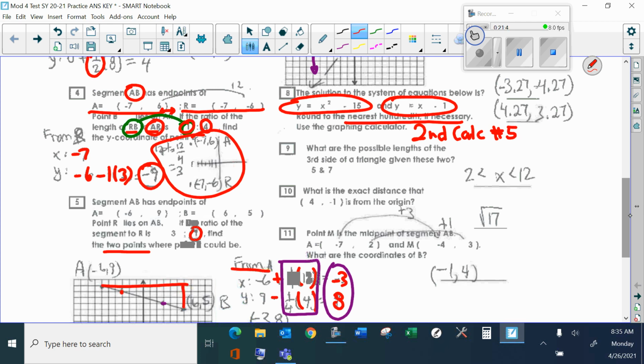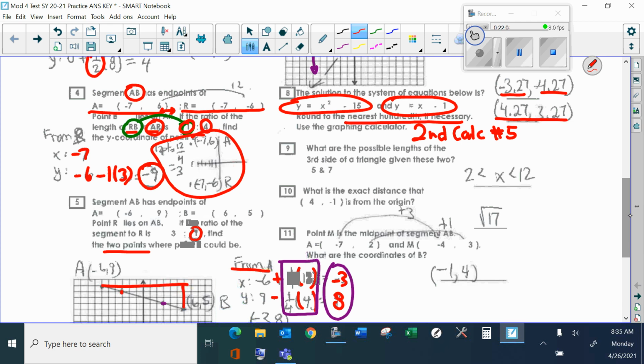That'll give me the first one. And I round to the nearest hundredth. And I do second calc number 5 again. I hit enter, enter. And on the third one where it says guess, use the right arrow or the left arrow to move the cursor closer to the other point of intersection. And you do that, and you get the second point. So there'll be 2 blanks there, so there's going to be 2 answers. Round to the nearest hundredth.